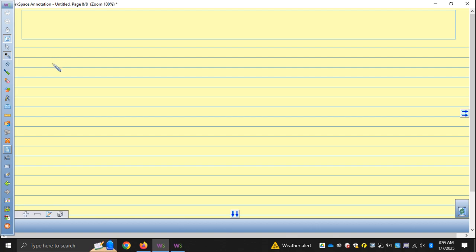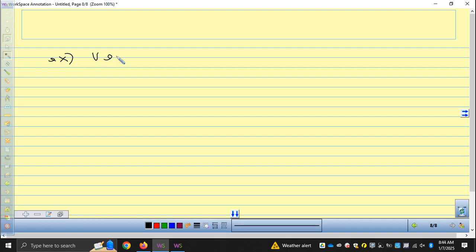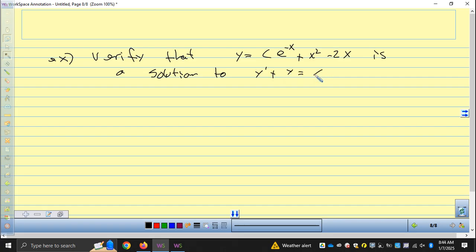All right, so let's verify that y equals c e to the negative x plus x squared minus 2x is a solution to y prime plus y equals x squared minus 2.